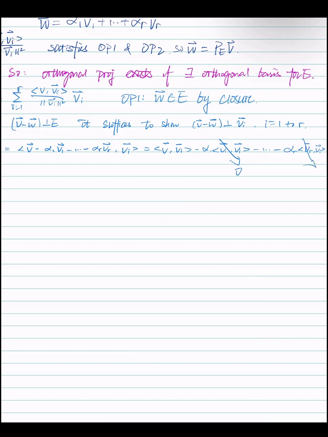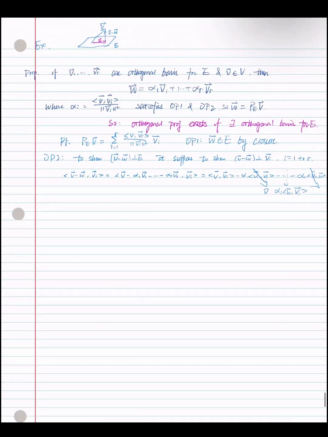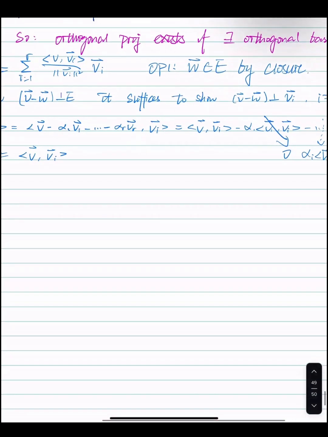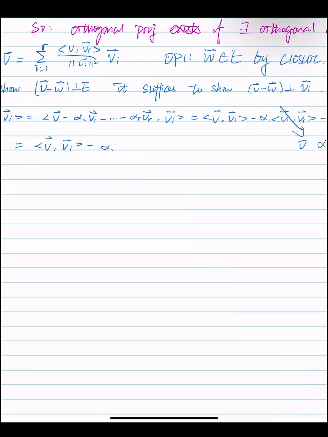But what we are left with is somewhere here there is an alpha i vi vi. So this equation is left with the first term v comma vi and this middle term minus alpha i vi vi.